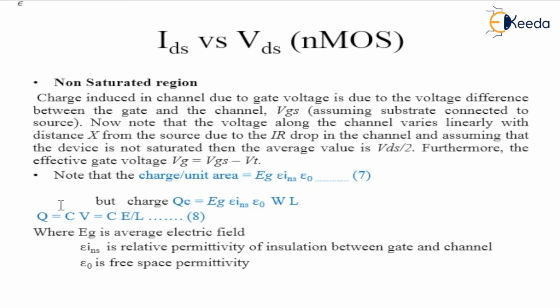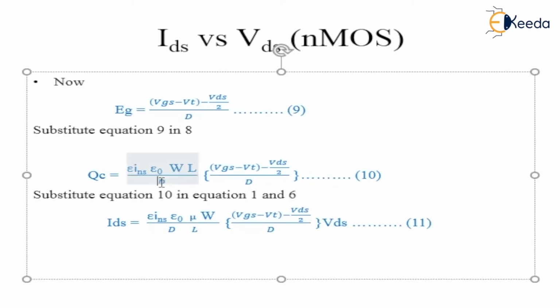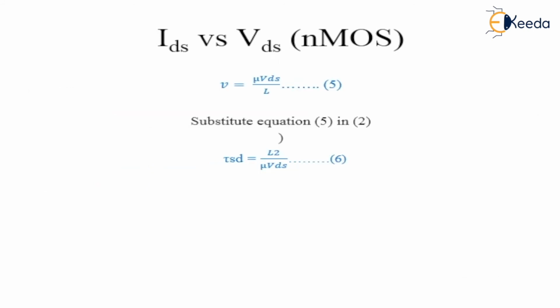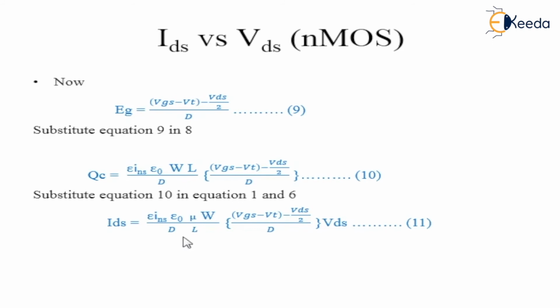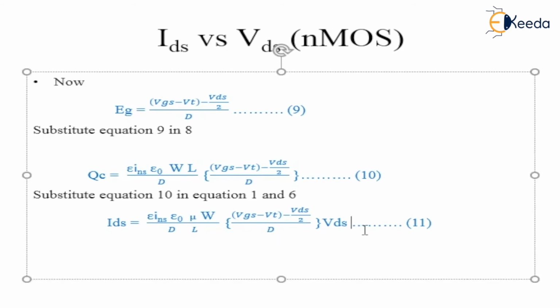We calculated QC, so I substituted QC here by tau, which is the 6th equation. By substituting both the equations, we get this result. IDS is equal to epsilon insulating into epsilon into mu into W into L by DL into VGS minus VT minus VDS by 2 by D into VDS. Consider this as equation number 11.